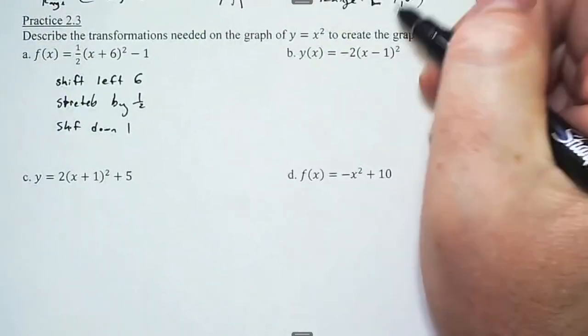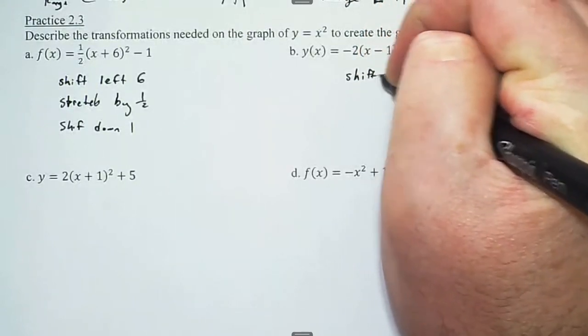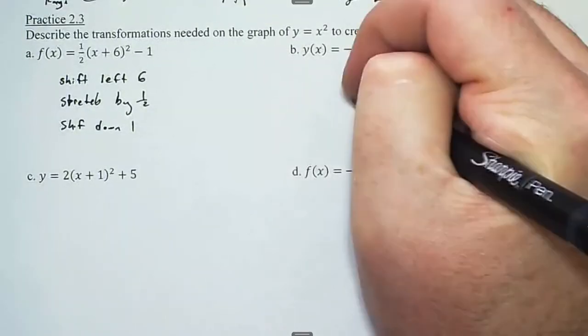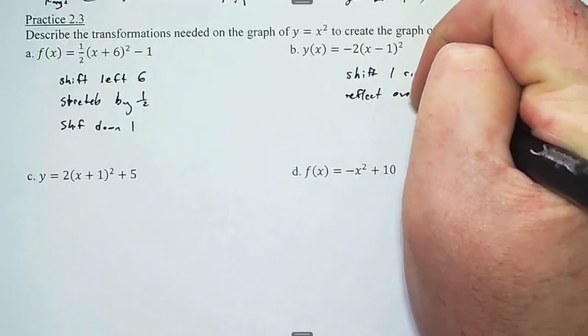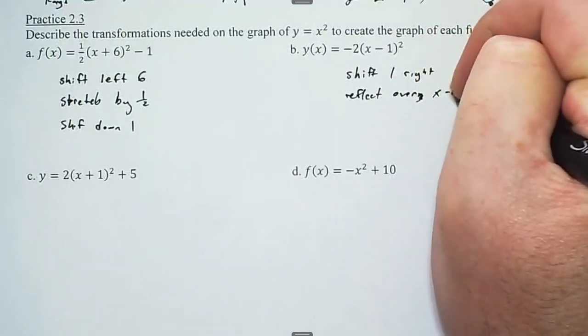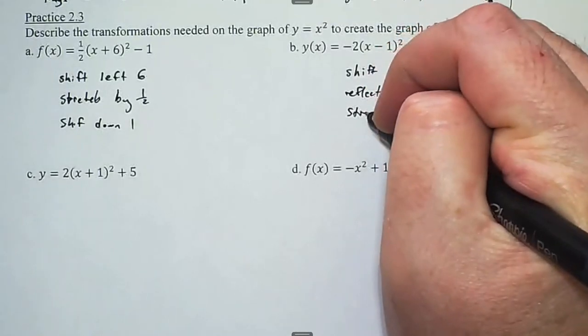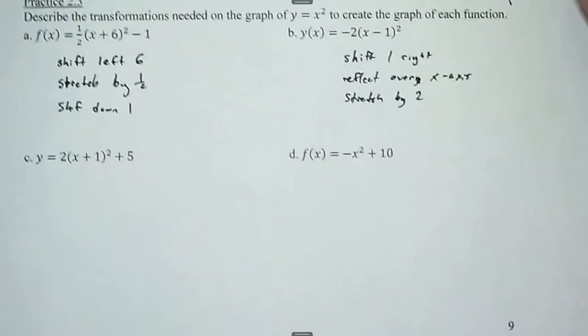All right, so on this one here, we're going to move to the right 1. We're going to reflect the y values over the x-axis. Reflect downward. And then we'll stretch the y values by a factor of 2.